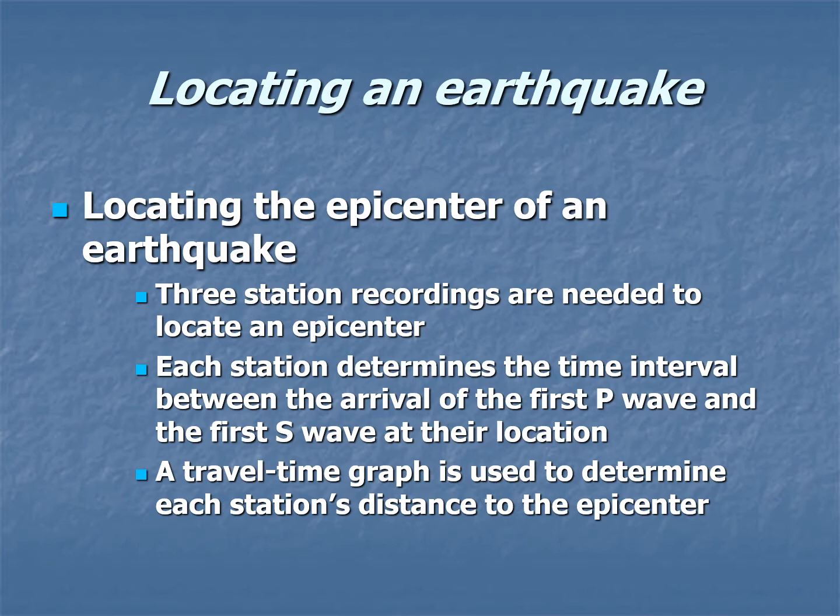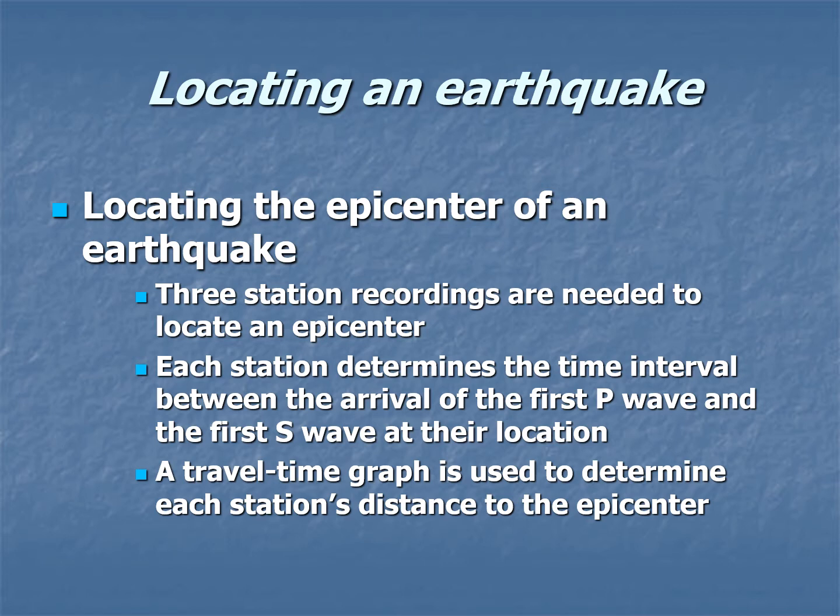Okay, locating an earthquake. This is not on your exam. If we ever mention it in class, it's very brief, so we won't spend much time on it. Basically, it's really easy to do, and you just need 3 seismometers. You need the printout or record from 3 different seismometers to find where the epicenter was.